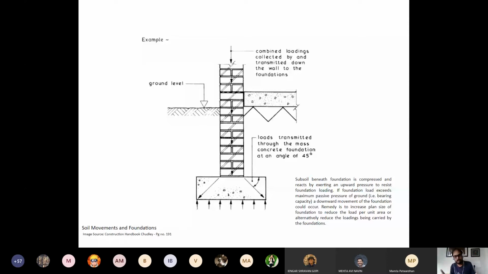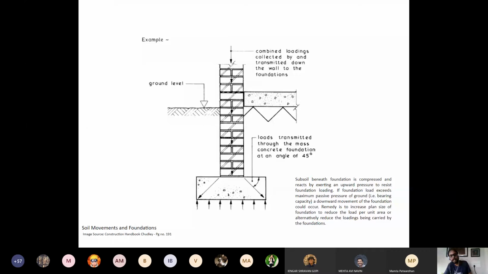The remedy is to increase the size of the plan of the foundation to reduce the load per unit area, or alternatively reduce the loading carried by the foundation. So you have two options: either you increase the surface area of the foundation that touches the ground, or you reduce the load of your building.